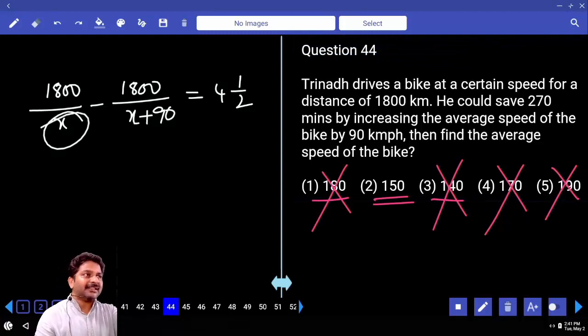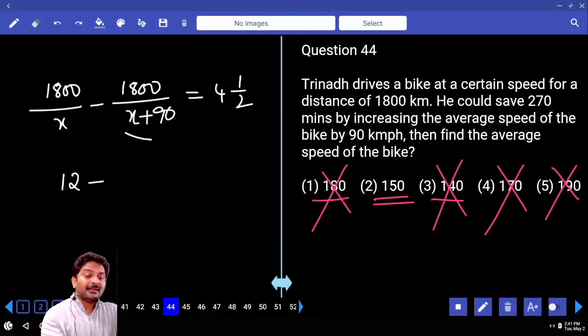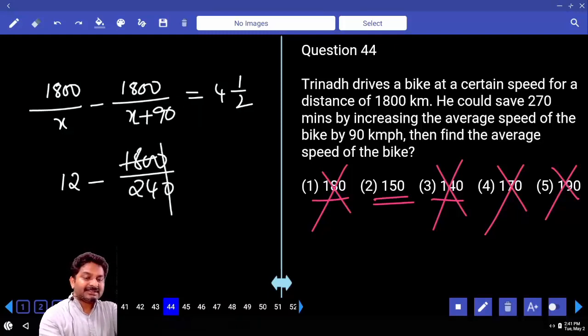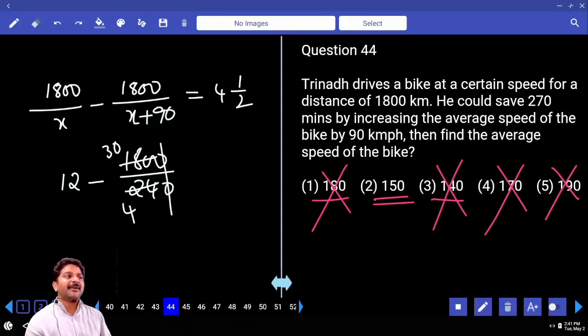If it is 150 in the denominator: 1800 by 150 is 12, 150 plus 90 is 240, 1800 by 240, 0 0, 6 times 30, 6 times 4, 30 by 4, half, again half, 7.5. 12 minus 7.5, is that equal to 4.5? Yes or no? Second is final.